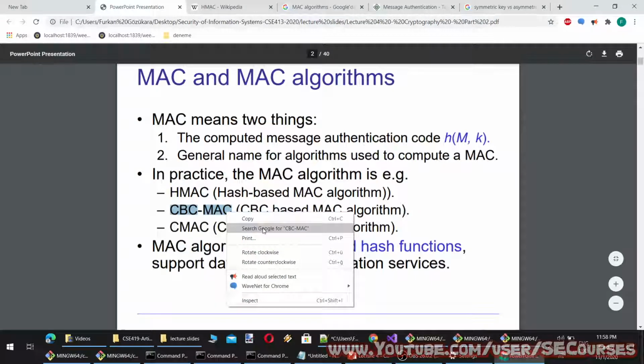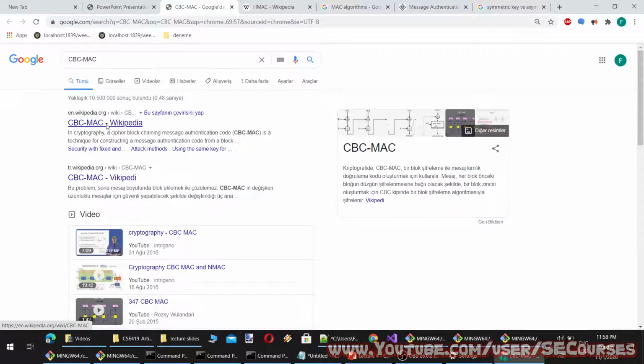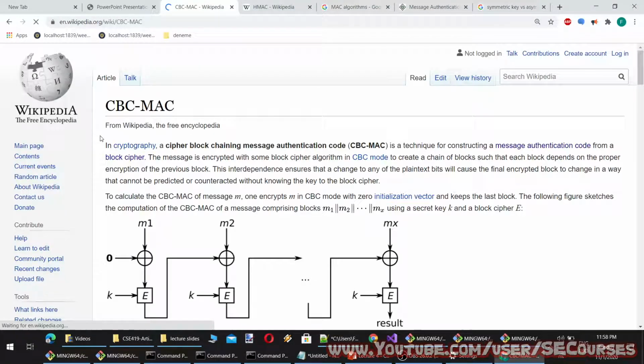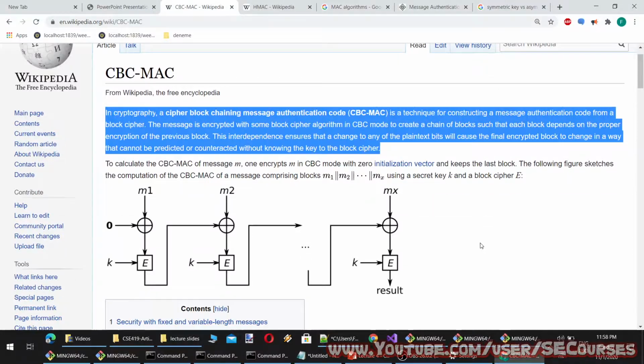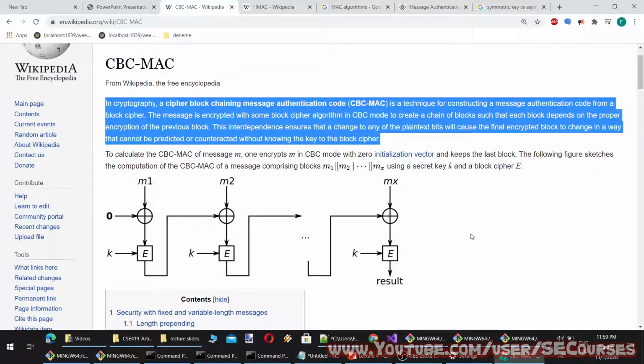Let's check it too. In cryptography, a cipher block chaining message authentication code (CBC-MAC) is a technique for constructing a message authentication code from a block cipher. The message is encrypted with some block cipher algorithm in CBC mode to create a chain of blocks such that each block depends on the proper encryption of the previous block.